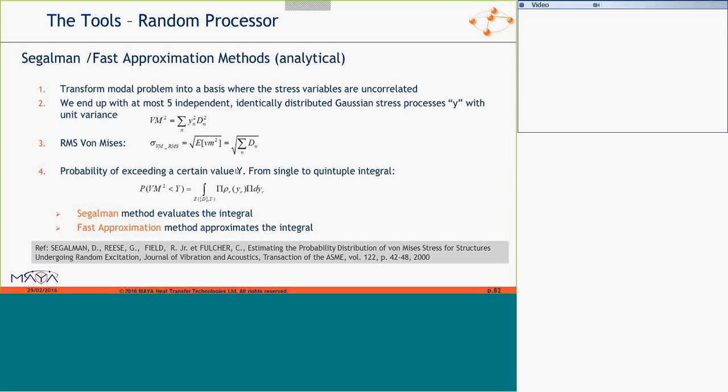How we solve it is timing to evaluate. This method does evaluate it. We have a fast approximation method that, as its name implies, approximates the integral and is faster. It's one step ahead of the Segelman method.